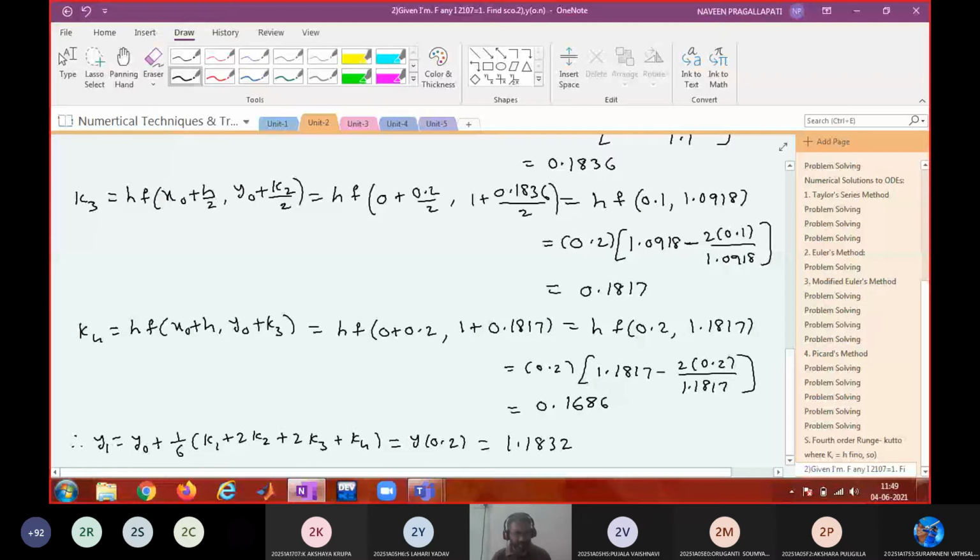Correct, which matches the book answer also, 1.1832. Now using y1 we need to find y2. Shall I proceed to the next page? Noted these values. Yes.